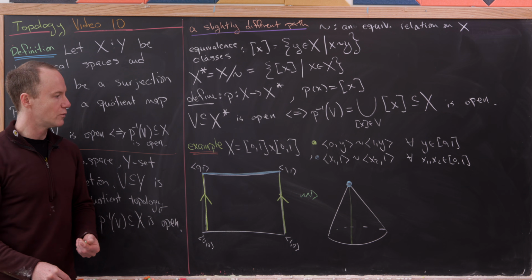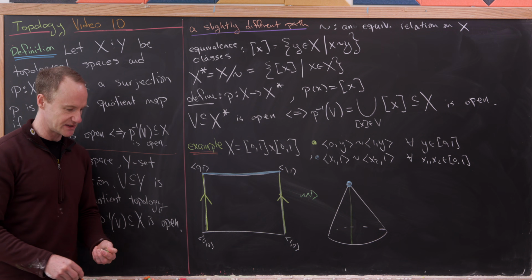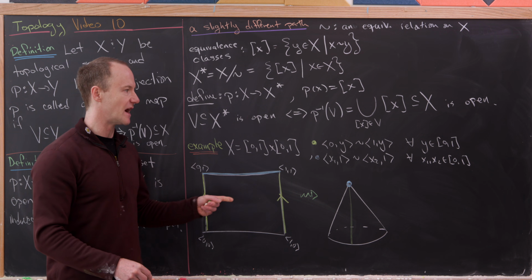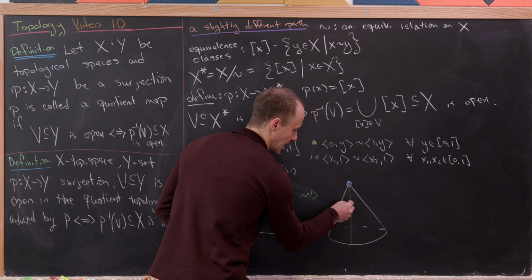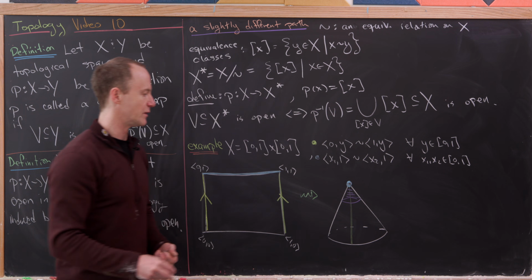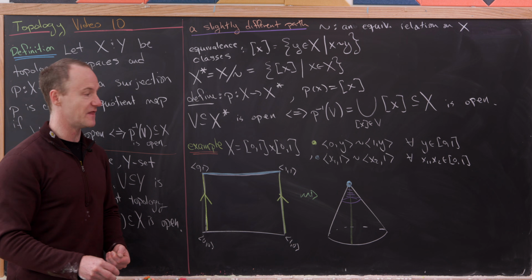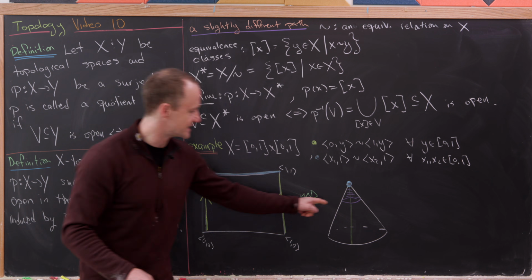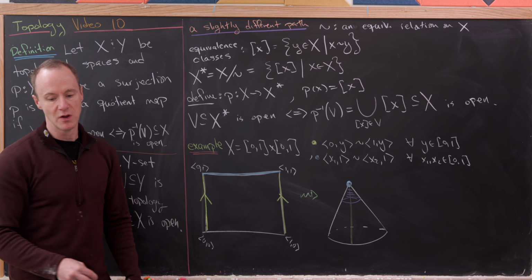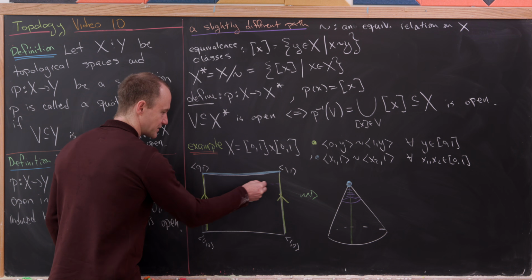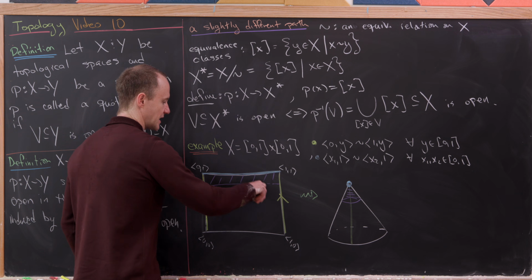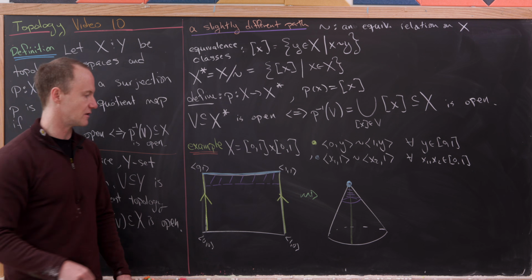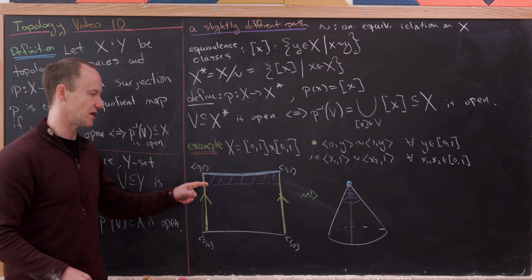Now, we could play the same game that we did before about finding open sets, but let's say we went over here and we put a little top to this cone and we looked at the pre-image of that bit right there. And let's just say that it does not include the boundary at the bottom. Well, if we take the pre-image, that's pretty clearly going to give us this strip right here. Now again, we're not including the boundary on either of them. So this is open in the subspace topology.